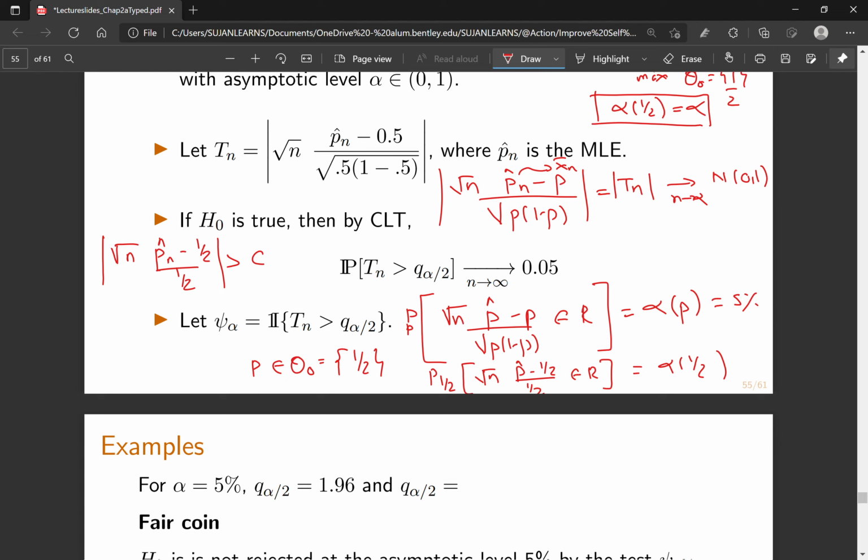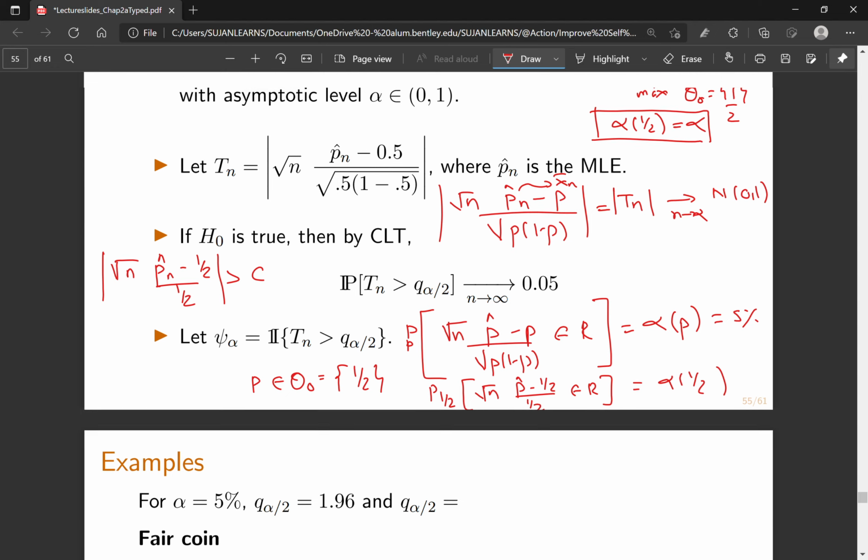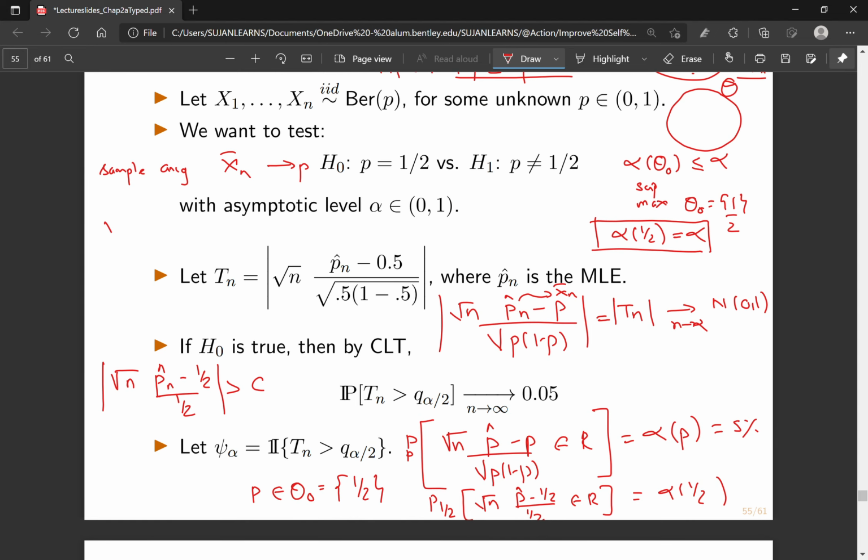At the same time, what we can say is that I want the probability of rejecting with the same rejection region to be alpha. This fact is still true.